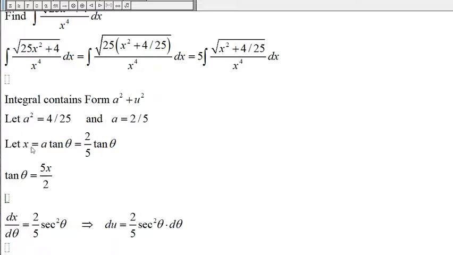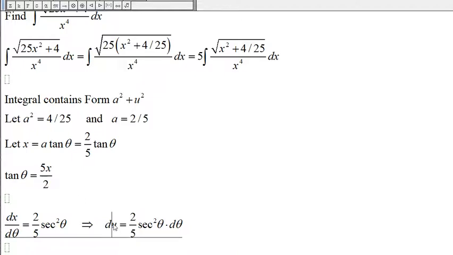So now we have x equal to 2/5 times tangent of theta. And so the derivative of x with respect to theta would be 2/5, and then the derivative of tangent of theta is secant squared.